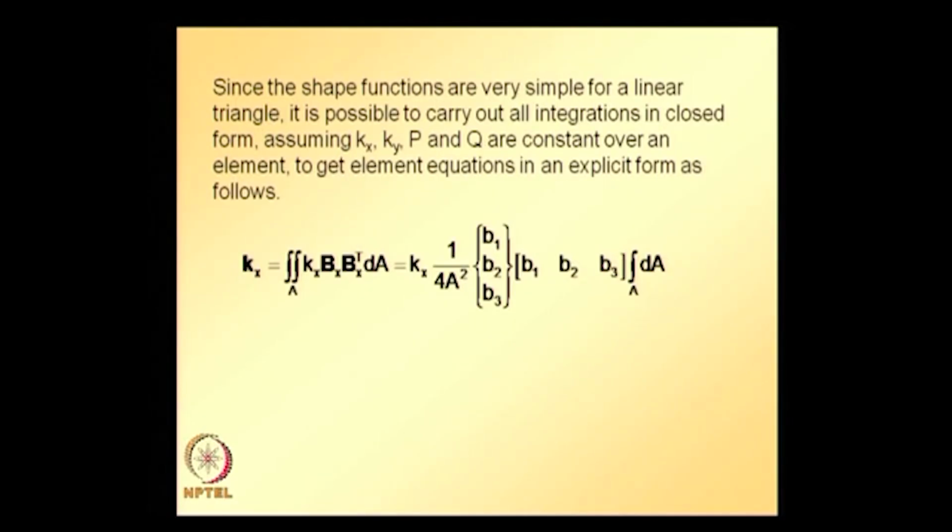So when you take the derivative with respect to x or y, you get a constant vector over the entire element. So bx is a constant vector consisting of coefficients b1, b2, b3, which are functions of the spatial coordinates of the nodes.